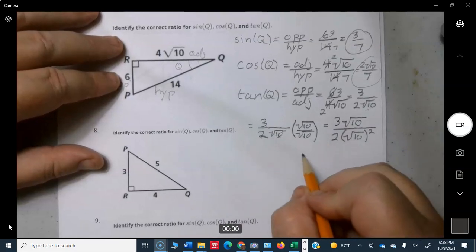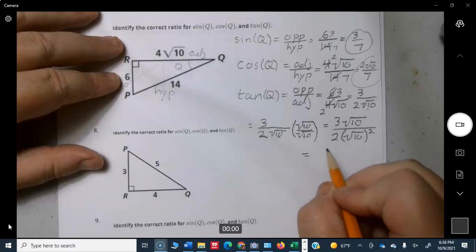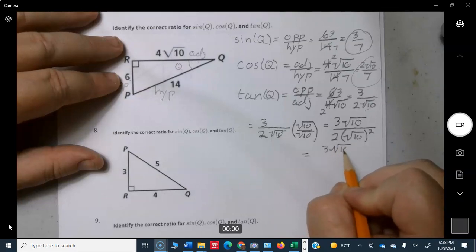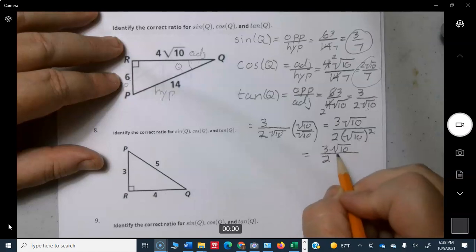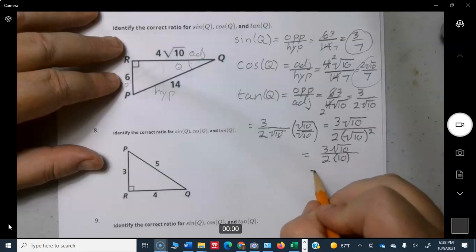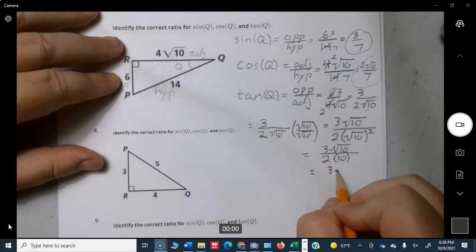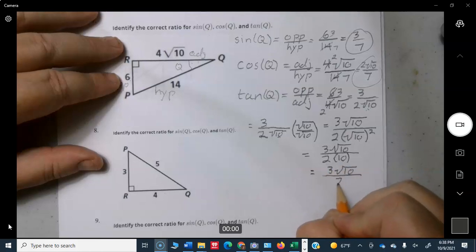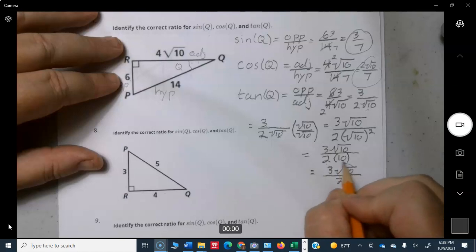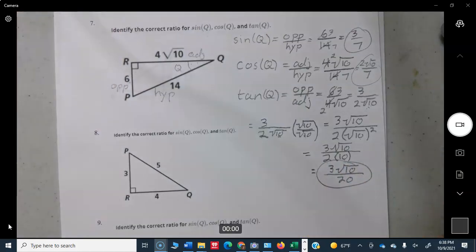Okay, and we come down here and we'll finish up. So it's 3 root 10 on the top, and on the bottom it's 2. And the square root of 10 squared simply equals 10. So I'm going to come down one more step. 3 root 10 over 20. You can't reduce that any further, so that's the final answer.